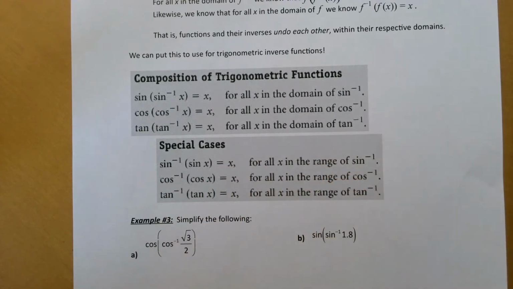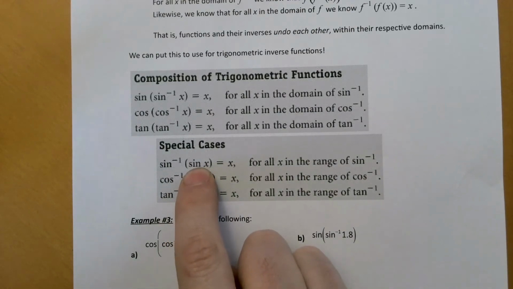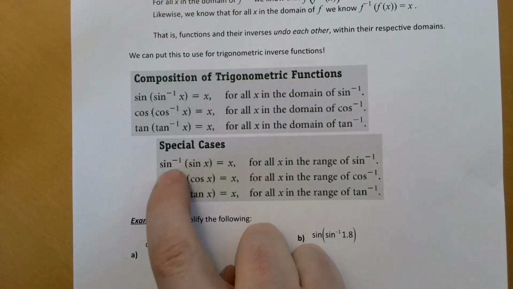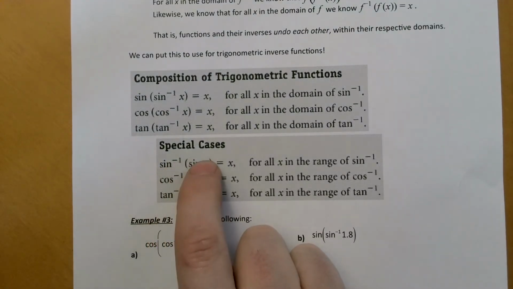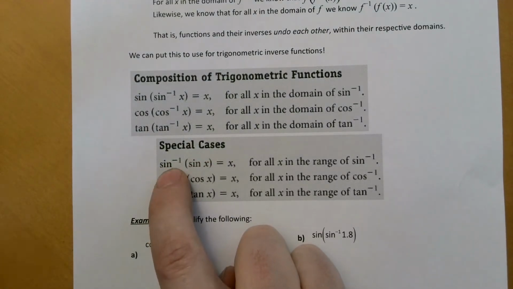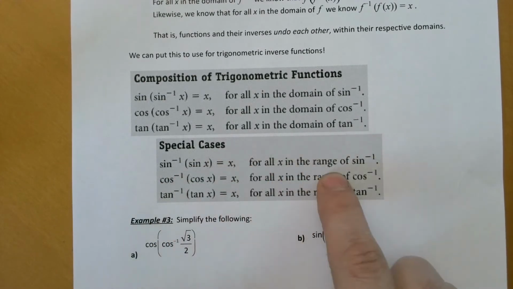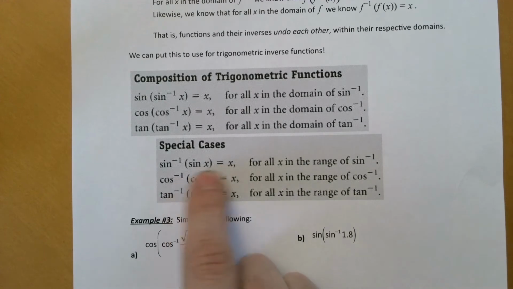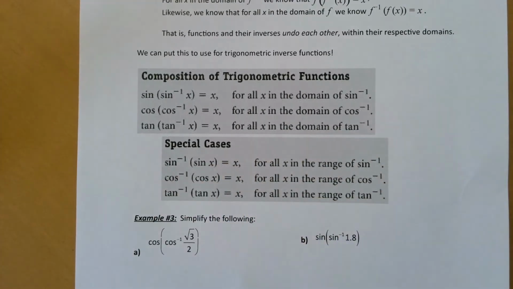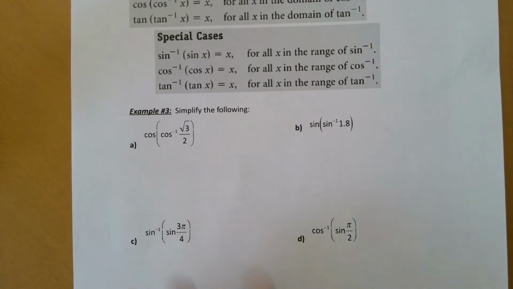Remember, we restricted the domains of these functions so that the outputs were not all real numbers like they were for sine. It was all values between negative pi halves and pi halves. So we have to be careful when we evaluate these. It may not be exactly whatever we were inputting. So we'll show that here.